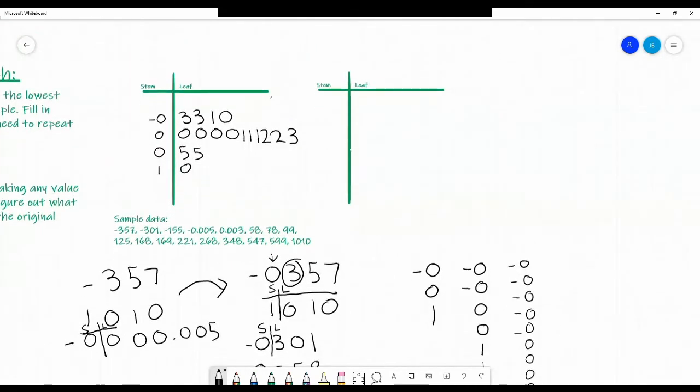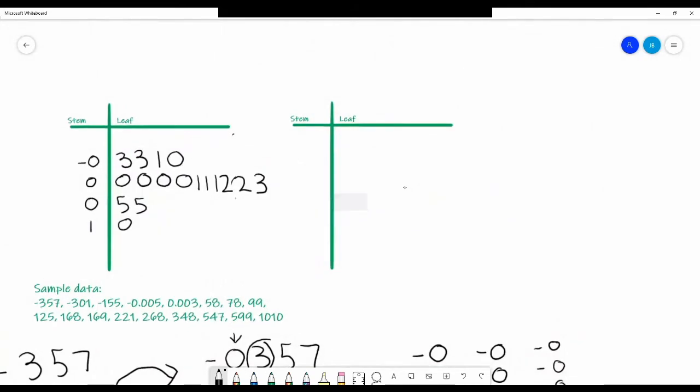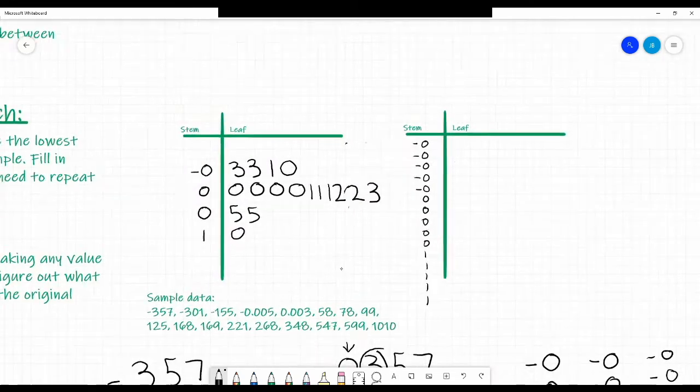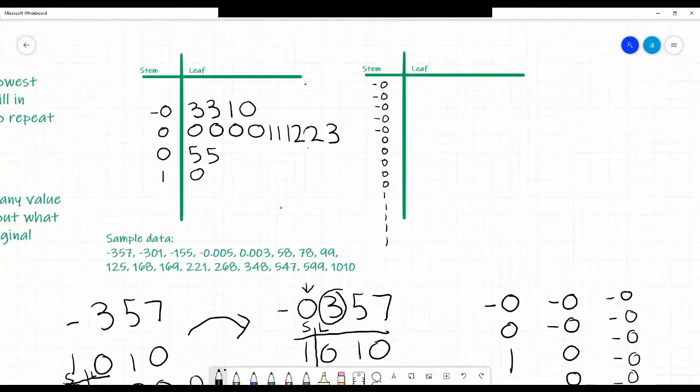So let's take a look at what happens when we repeat 5 times. -0, -0. All right, so we have our stems written down.